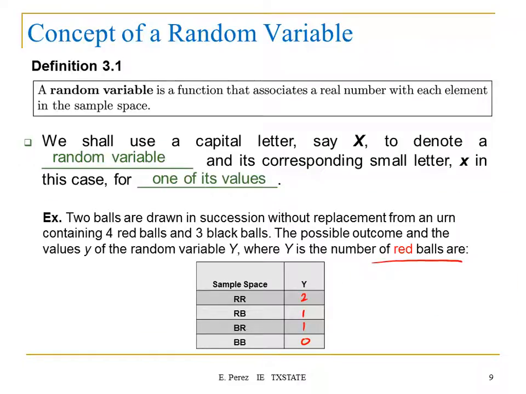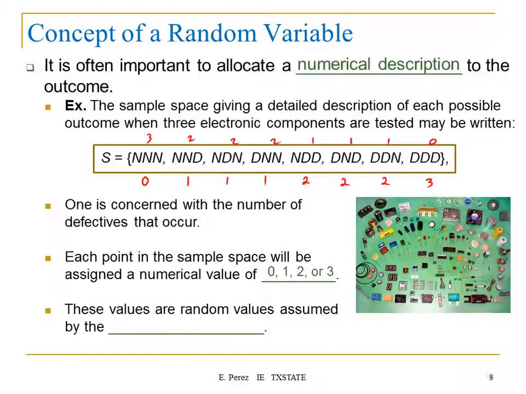So the other example that we discussed on Wednesday was this very easy problem in which you have 2 balls that are drawn in succession without replacement from an urn containing only 4 red balls and 3 black balls. So the possible outcomes and the values of the random variable Y. Instead of using X, now I'm using Y to define the random variable, where Y is the number of red balls.